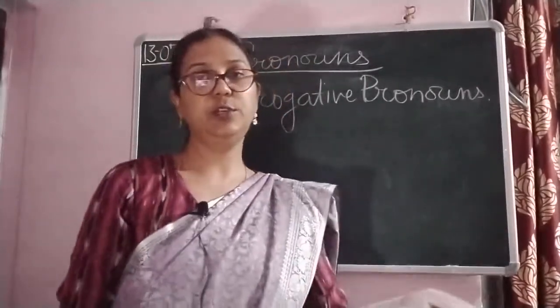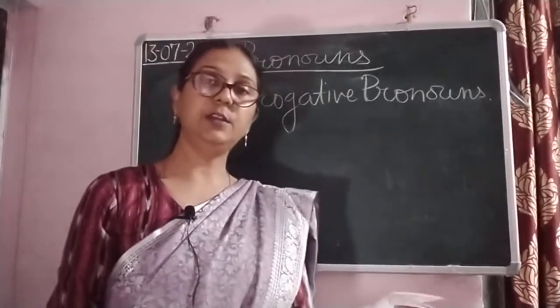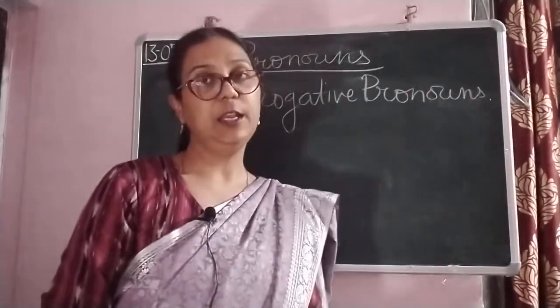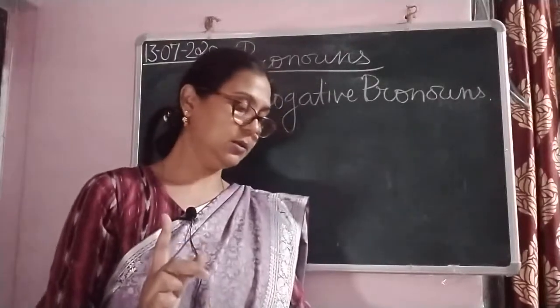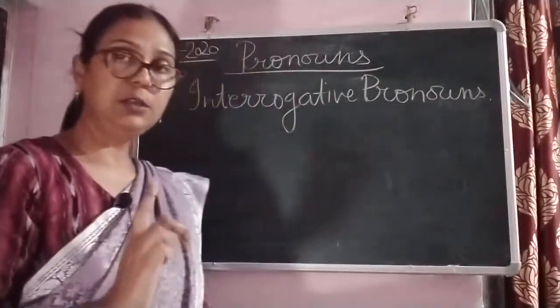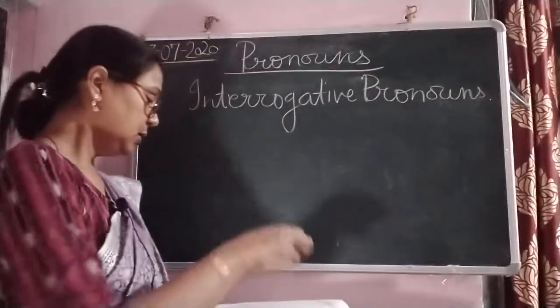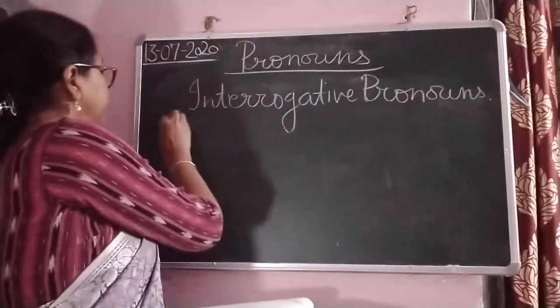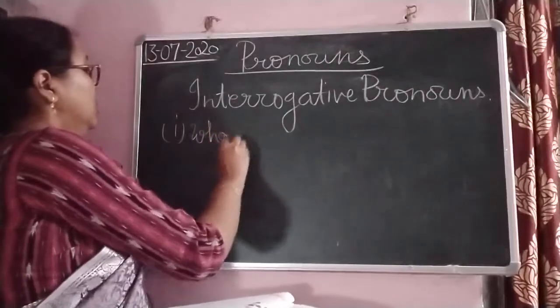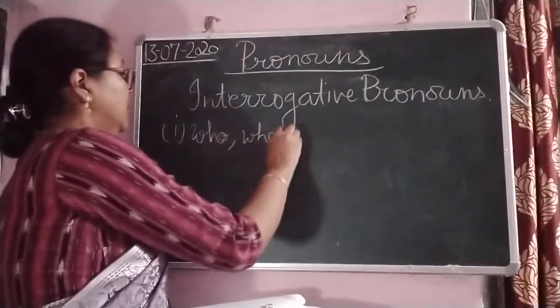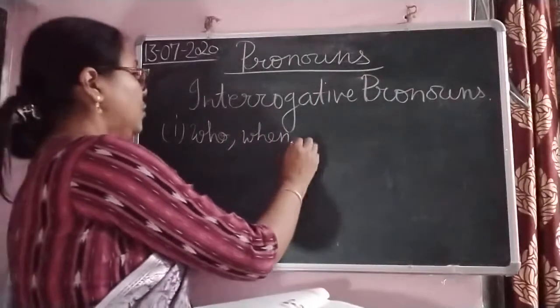Now I am going to tell you some words from which we can make interrogative sentences or interrogative pronouns. The first interrogative pronouns are as follows. First is who, when, and whose.